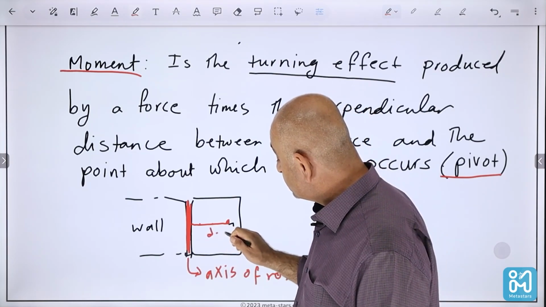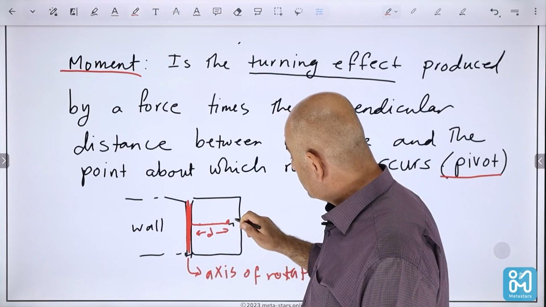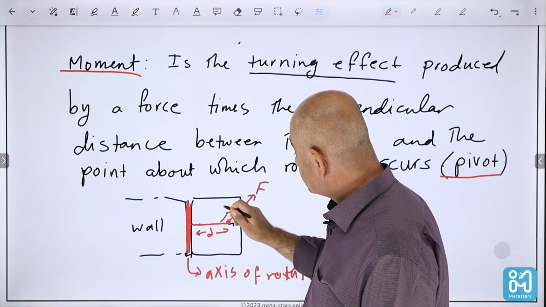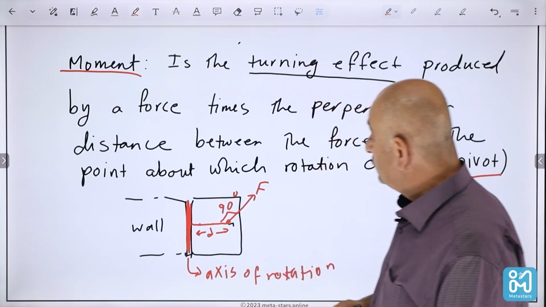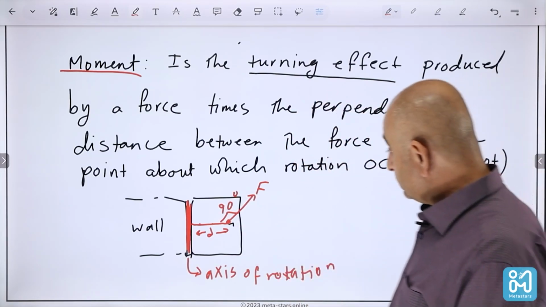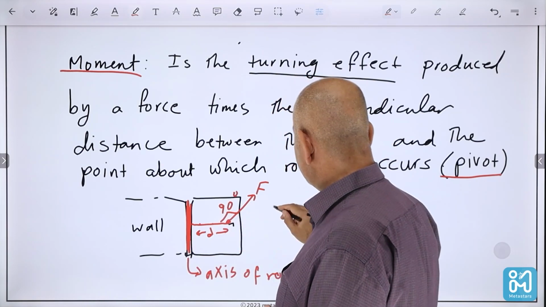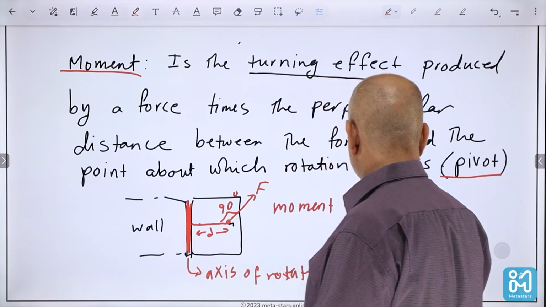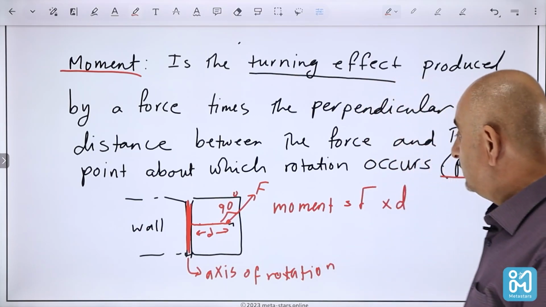This is the distance here, and this is of course your force, which is supposed to be perpendicular to the door. This is 90 degrees. So this is the force and that's the distance. Here the moment equals force times distance.